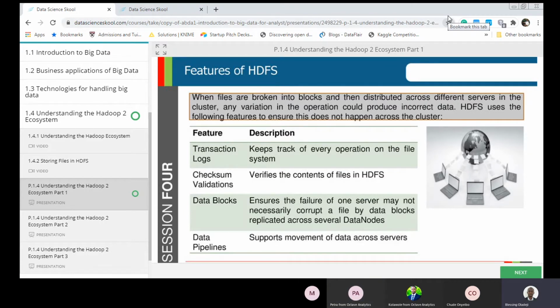Okay, so some of the features of HDFS. Remember when we were talking about virtualization, we said that for virtualization there is partitioning, so you can take a physical infrastructure and partition it into different virtual machines. We talked about encapsulation.